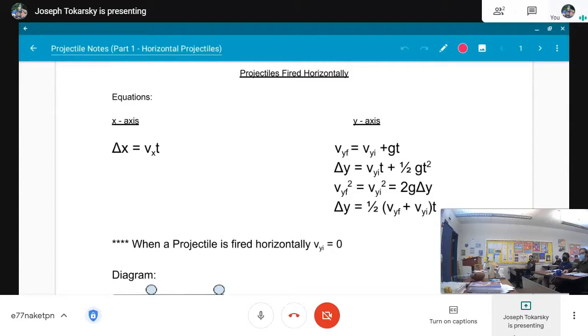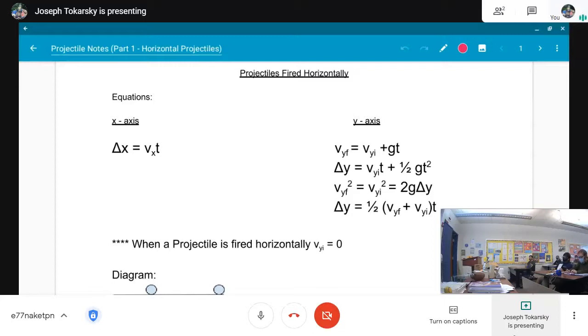Instead of D, we're going to say delta X. Delta means change in. Remember going over that earlier in the year? Change in X position, and a change in position, we learned a long time ago, is called displacement, right? So that symbol altogether just means horizontal displacement, delta X, which we used to just call D. We just have to get a little more specific in this topic, okay?